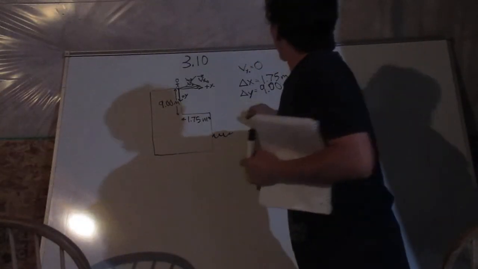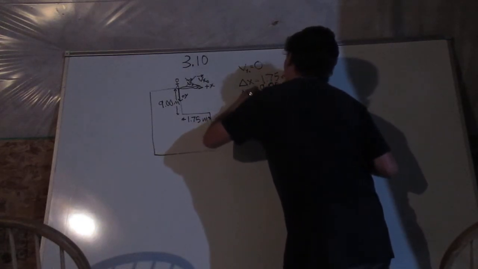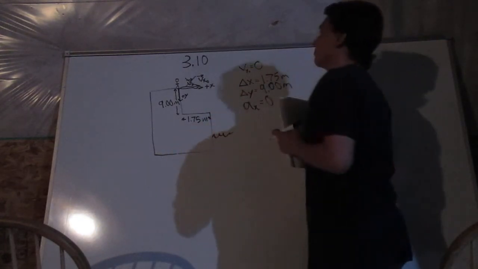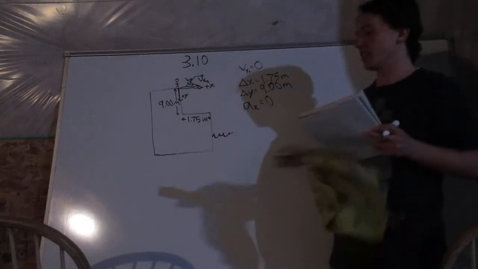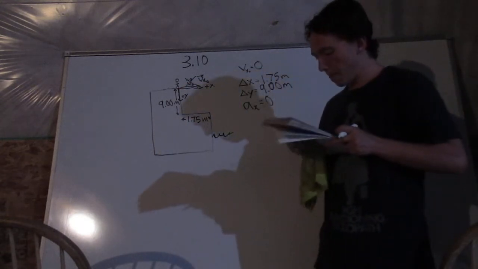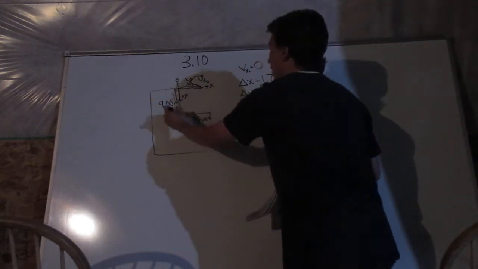We know that in the x direction, our acceleration is 0, because after we jump off there, she's not going to be going any faster than her initial velocity. And we know that in the y direction, we have gravity acting on us.